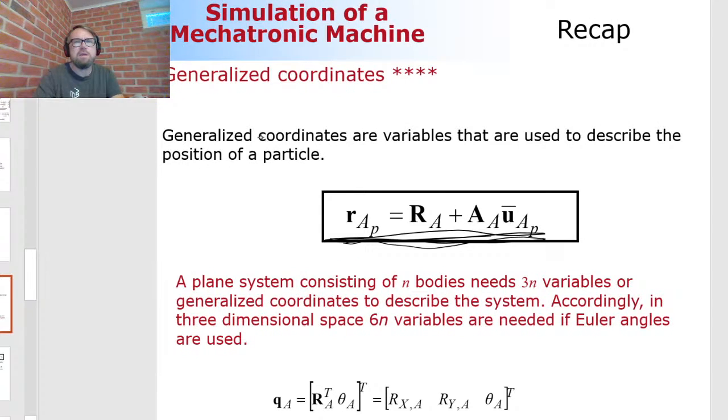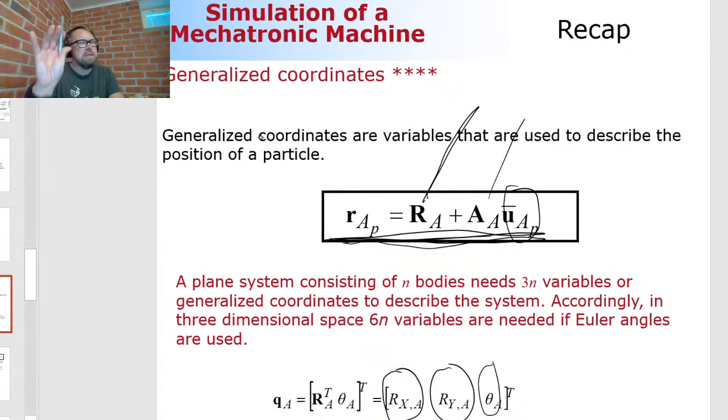Variables are components of vector R. These components are Rx and Ry, and the rotation, which is theta here. The u bar is constant because particles cannot move with respect to the body reference coordinate system. They both are attached to the body because we are dealing with rigid bodies.